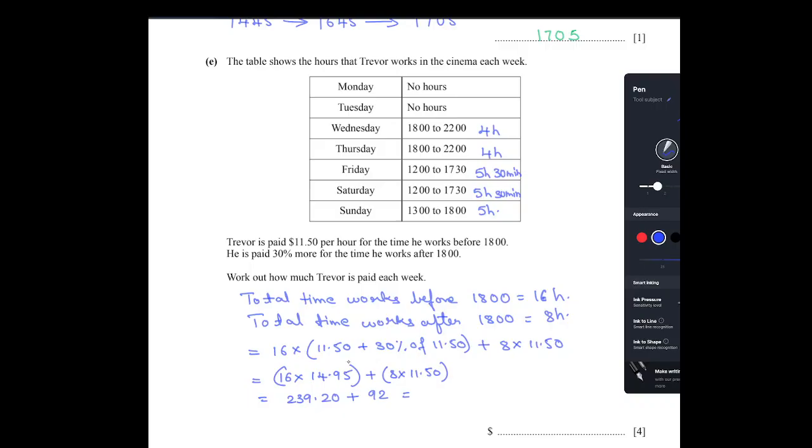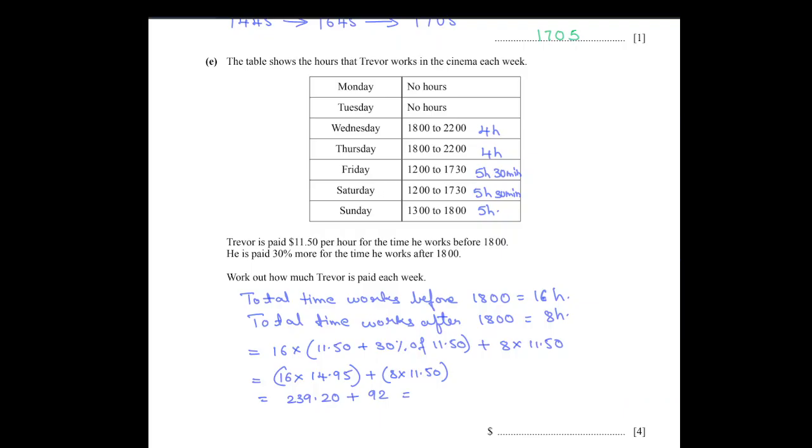Okay, sorry students, I have to add 30% more for the 8 hours because after 18 only they are giving extra 30%. So this was the mistake here. 30% more should be added for the number 8 here.